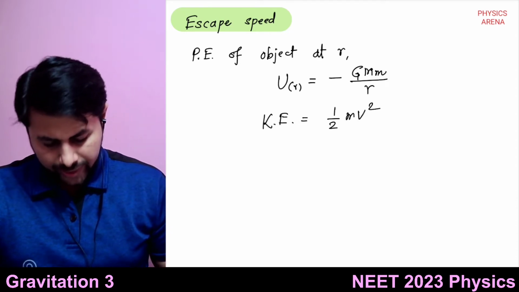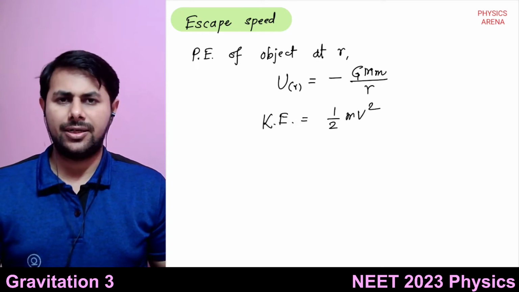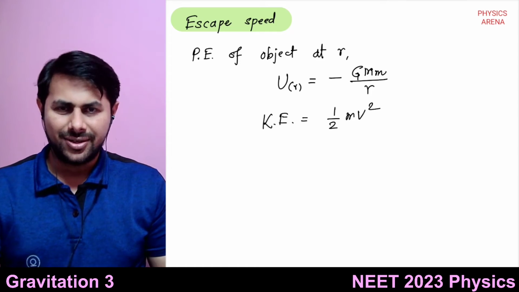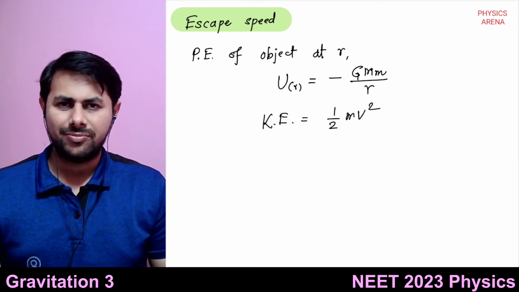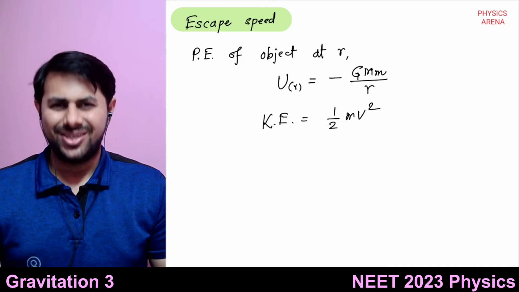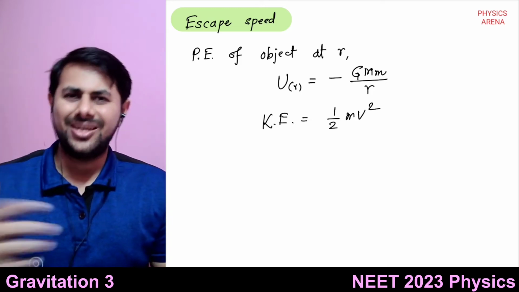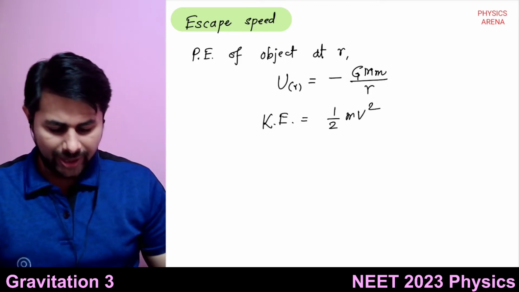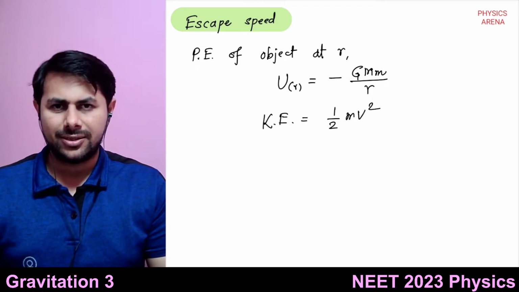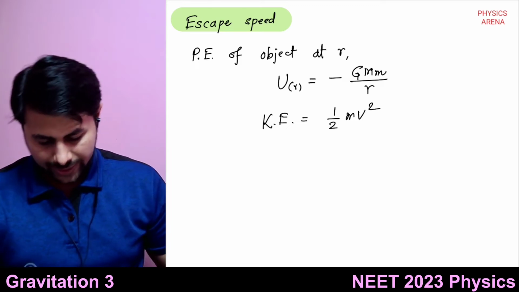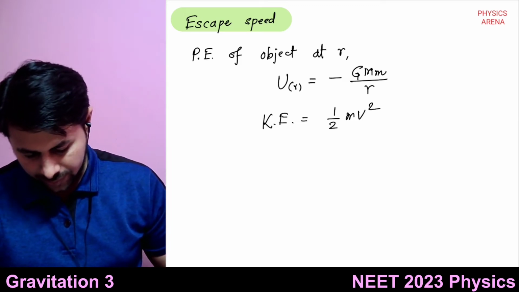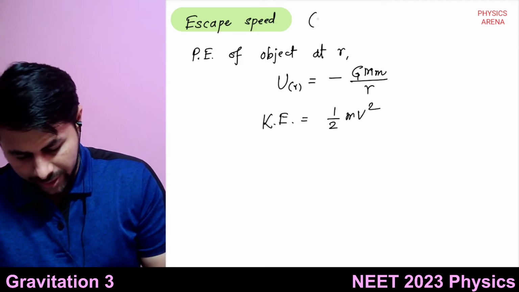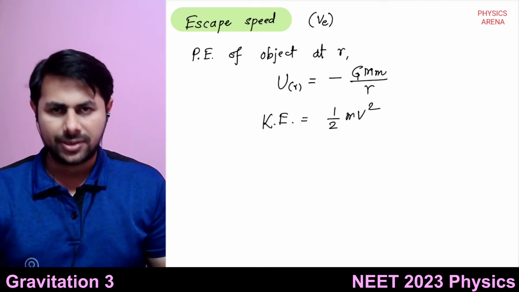By throwing that object from that height, we are expecting it to go till infinity. So what would be its final kinetic energy? We are giving some speed which we call the escape speed, v suffix e.